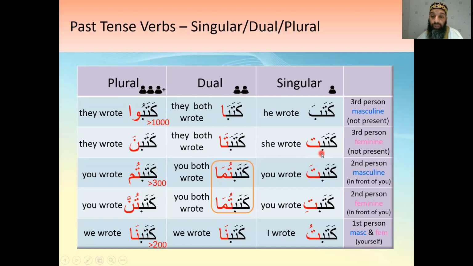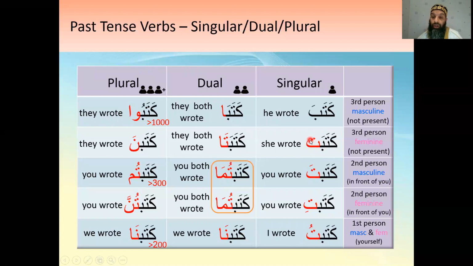So let's look at the next one. Kataba. And you just stick a ta on, it makes it into she wrote. So kafara means he disbelieved. How do you say she disbelieved? Kafarat. So she wrote.